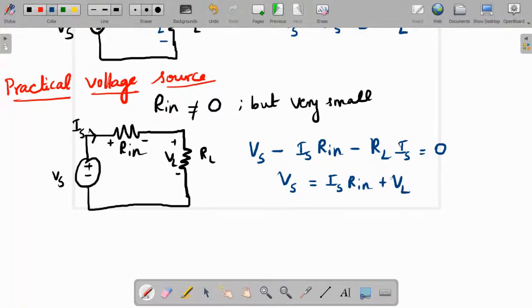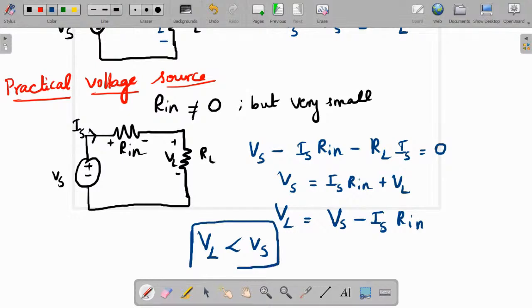So what is the voltage across the load? VL is equal to Vs minus Is into Rin. What inference can we take from this? Always the load voltage is less than the source voltage in a practical voltage source. Because of this internal resistance, load voltage is less than the source voltage.